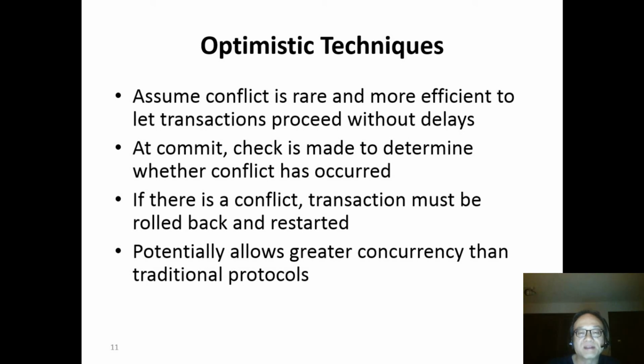With the optimistic concurrency control techniques, we assume things are just fine. We don't need to worry about conflicts. We will just let users do their work, but when it's time to commit a change to the database, we still want to check whether there is a conflict. If there's a conflict, we will just handle the conflict then.